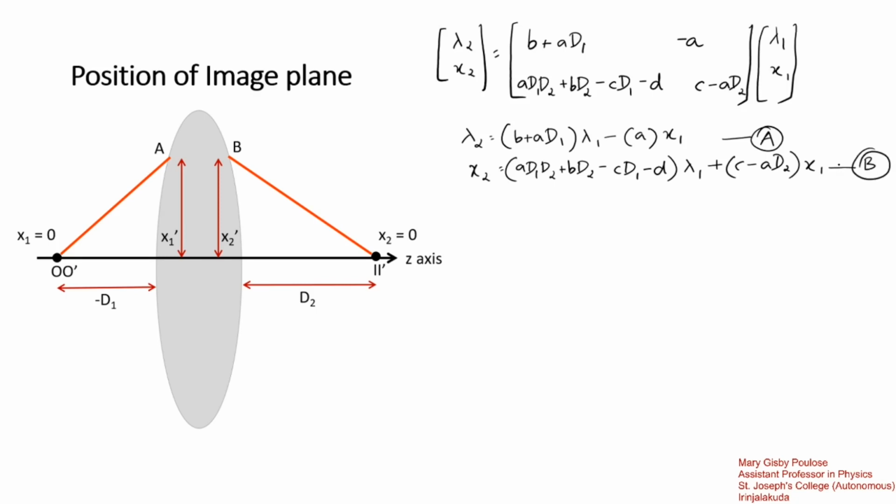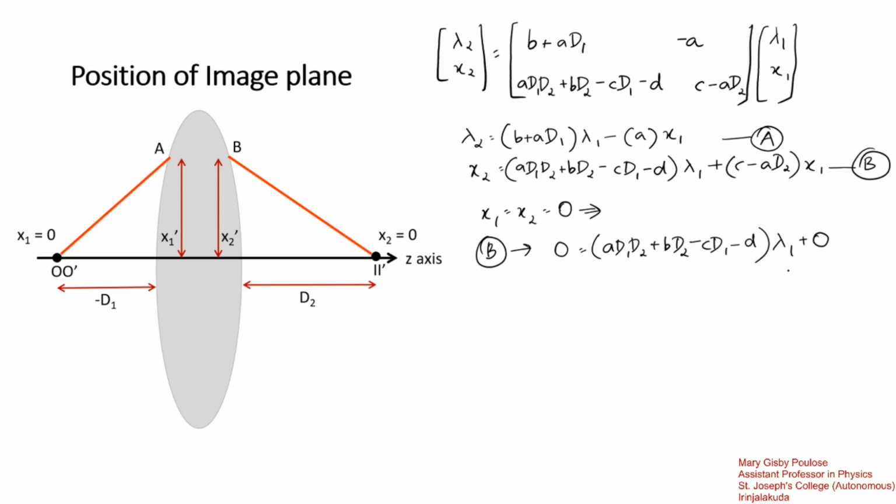Now, when the object becomes a point object, x1 is equal to x2 is equal to 0. It implies that equation B becomes 0 is equal to a d1 d2 plus b d2 minus c d1 minus d lambda 1 plus 0. Hence, the product term must be equal to 0.